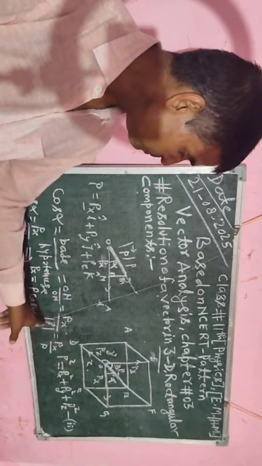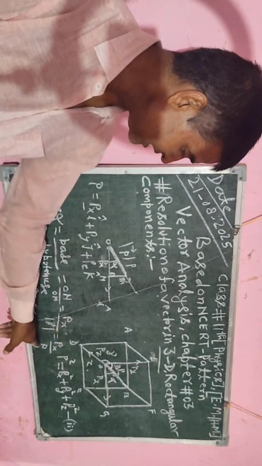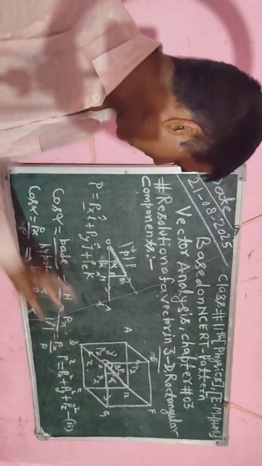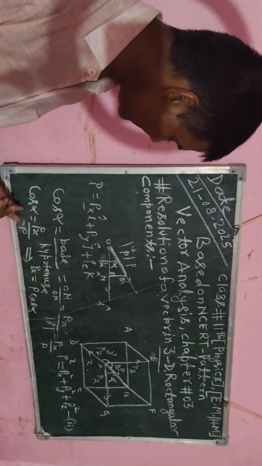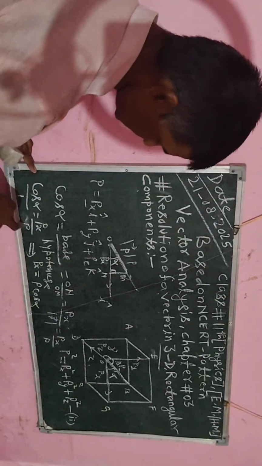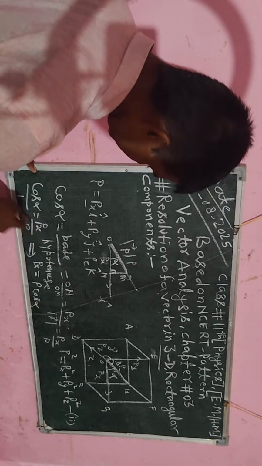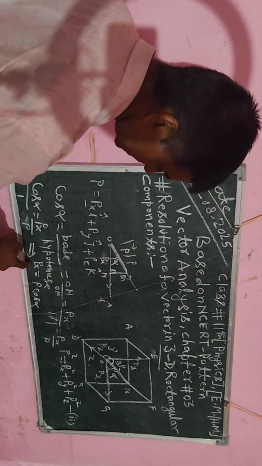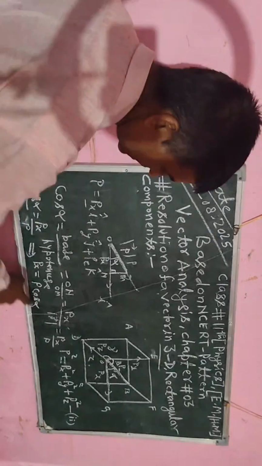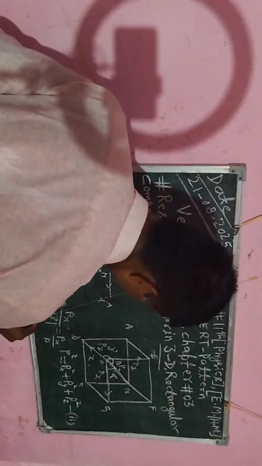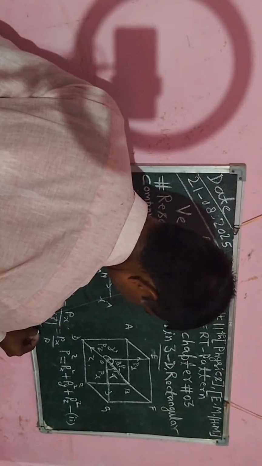I have written these values here, and then done cross multiplication: p into 1 equals p into cos alpha, therefore p suffix x equals p cos alpha. Okay, so I have got this information. I will say this information is equation 3.